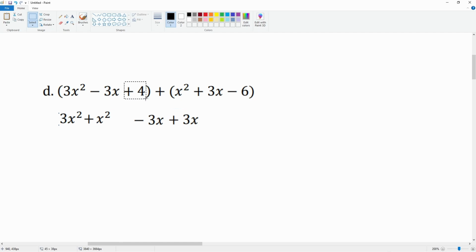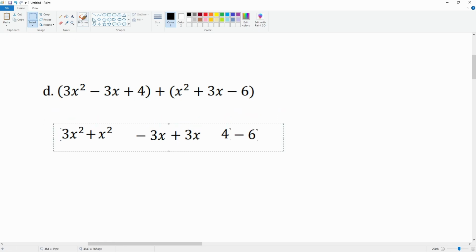Then you have a plus 4 or just a 4. And that is going to be with negative 6. Now you want to make sure they're in the same degree. So this is degree 2, like terms. Degree 1, like terms. And this is degree 0.